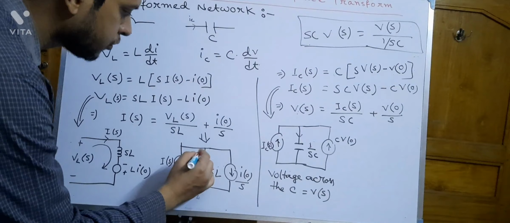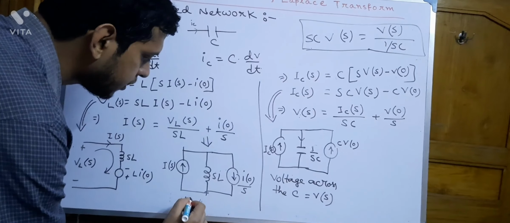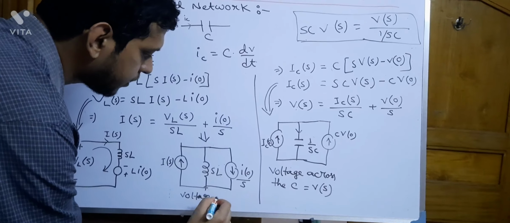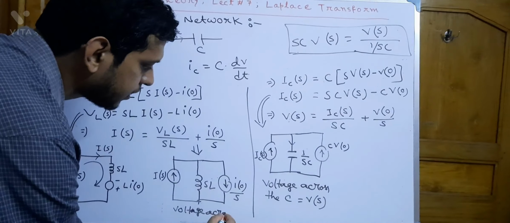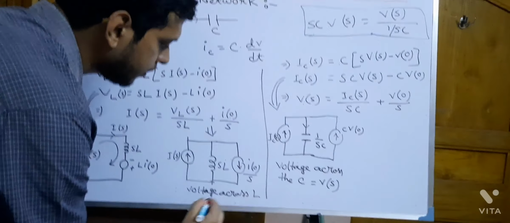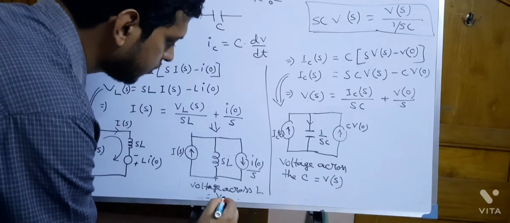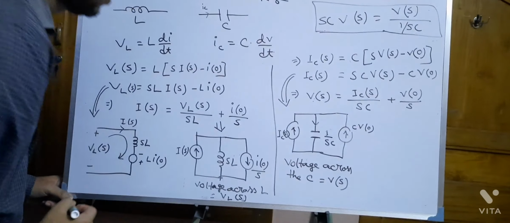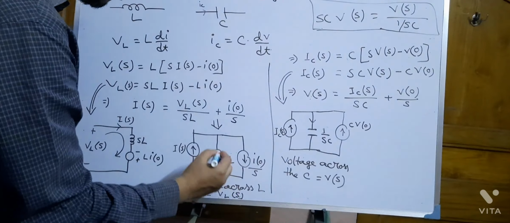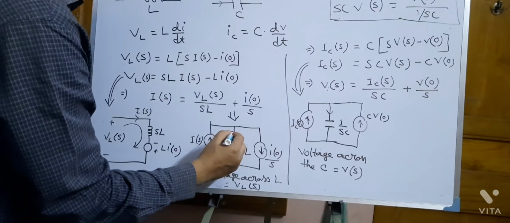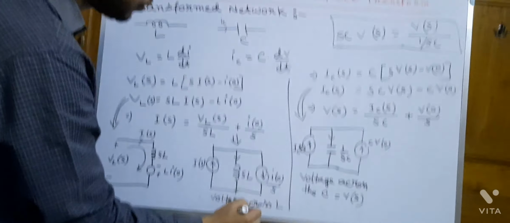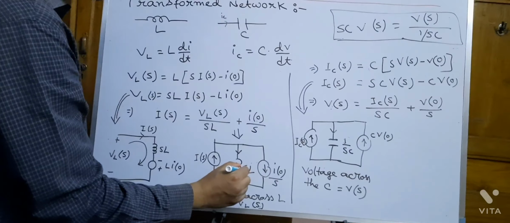Okay, here also, if voltage across the inductor is VLS, then current through this equals VLS by SL.